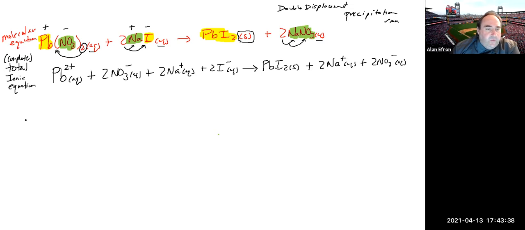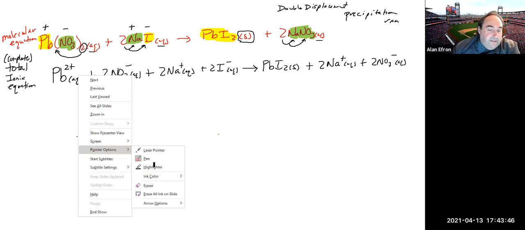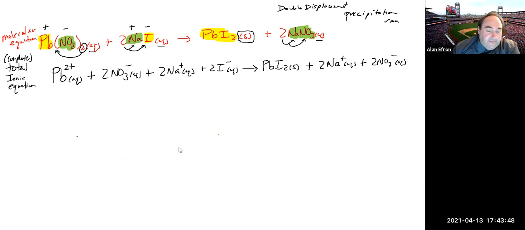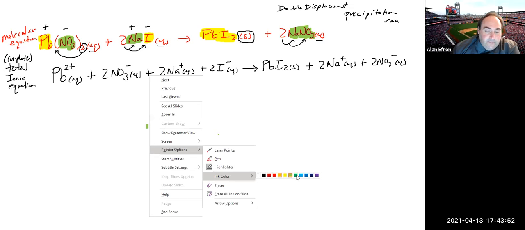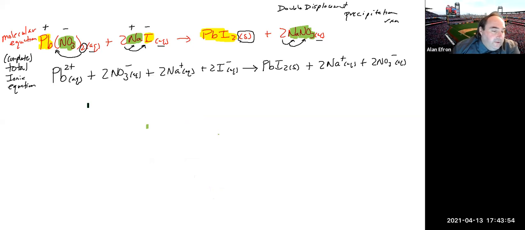This is really the equation that describes what is going on in that test tube, in that beaker. We have all these ions floating around, and we've got some of the solid that's being made along the way. When we write our total ionic equation, we should always be able to look on the left-hand side of the arrow and the right-hand side of the arrow and find ions that look exactly the same.